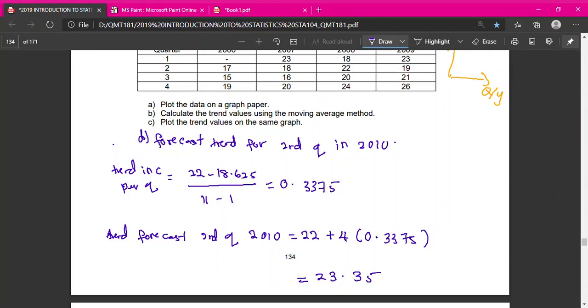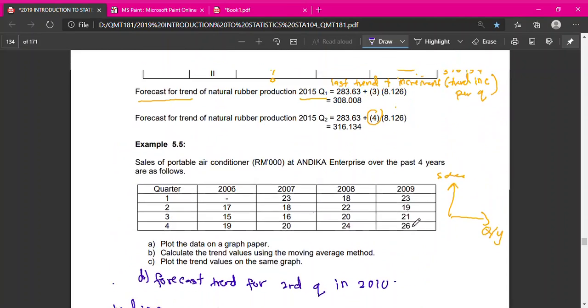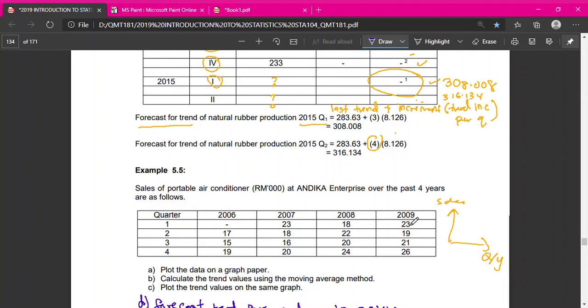Okay, actually our main intention, like I said before, is to forecast Y, our variable sales. But in order to do that, we have to run the forecast first. So for today's lecture, that's it for now. You need to know how to find the trend or moving average for the even data series, and then how to forecast the trend.